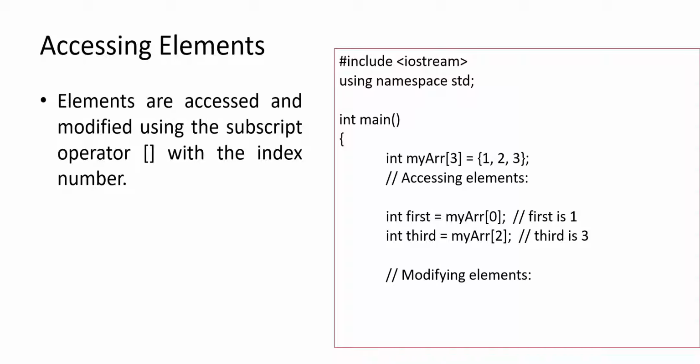Accessing can be done with myArray[0], the first element, and myArray[2] is the third element. Modifying can be done: myArray[1] = 25. Now the second element changes from 2 to 25. Index starts from 0, and accessing outside the array size causes an error. Array access is very fast, but always ensure the index is within limits.